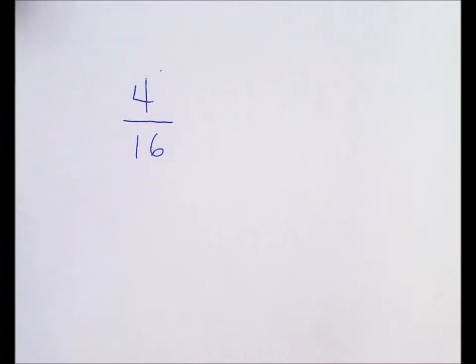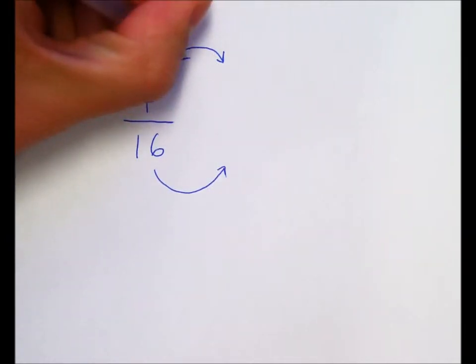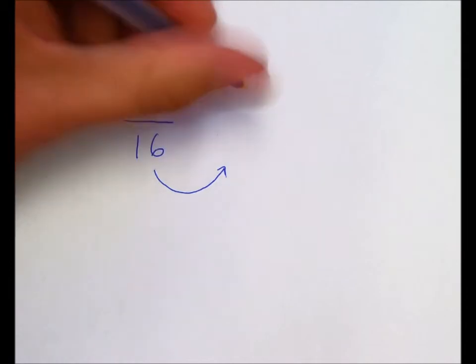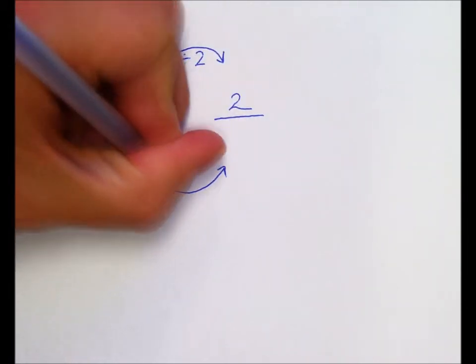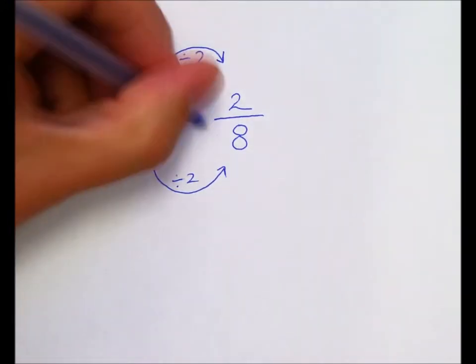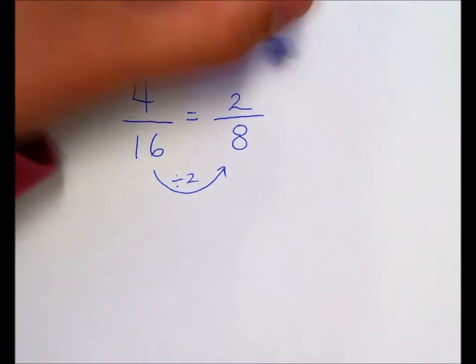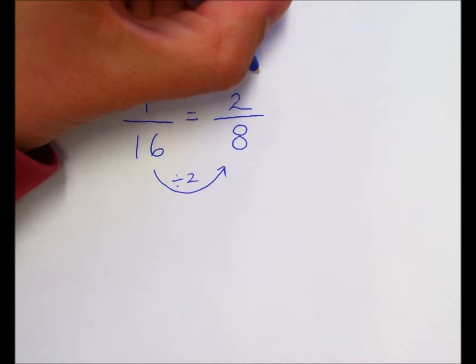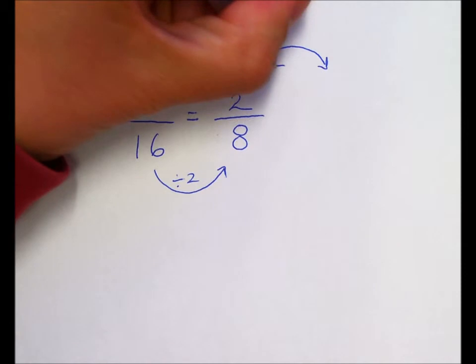So just like we can multiply by the same amount, we can divide the numerator and denominator by the same amount. So since I know 2 will go into both of these evenly, I'm going to divide the top by 2, which will give me 2. And if I divide 16 by 2, I will get 8. Okay, so 4/16 is also equivalent to 2/8. Similarly, 2 is divisible by 2, as is 8.